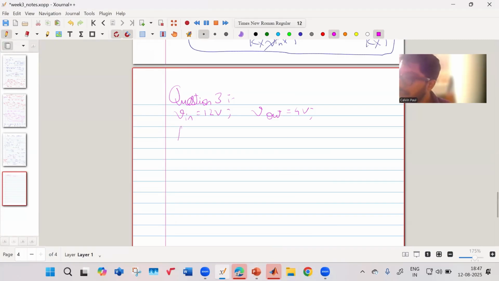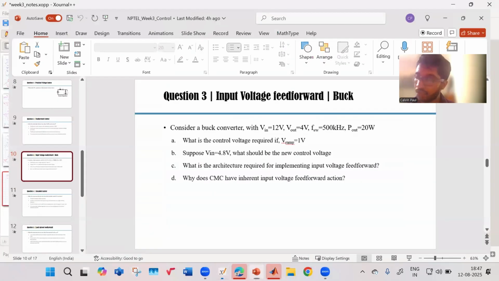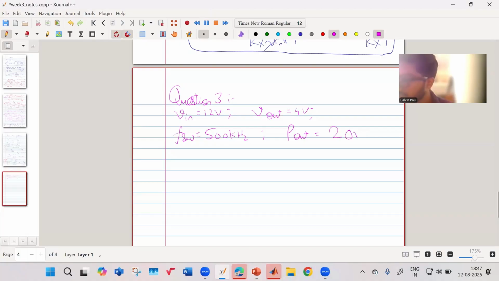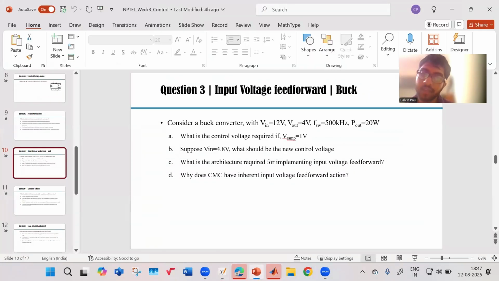Okay. Now, they are saying we are using voltage mode control, and VRAMP is 1 volt.